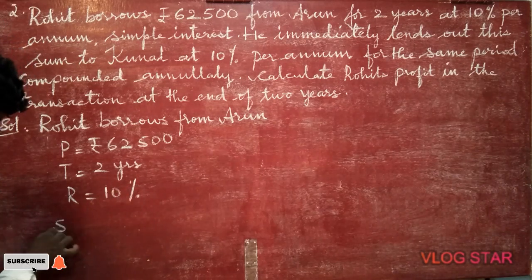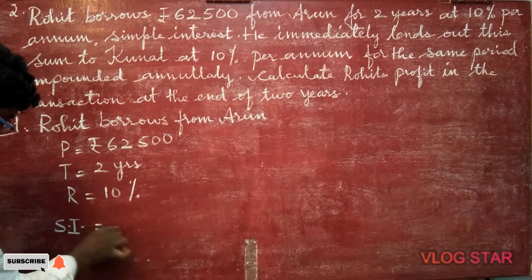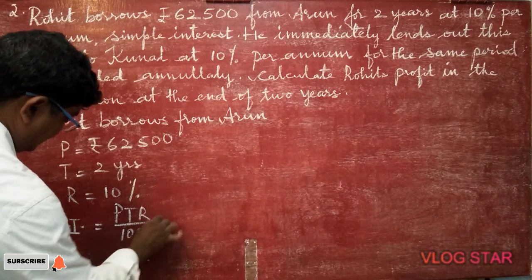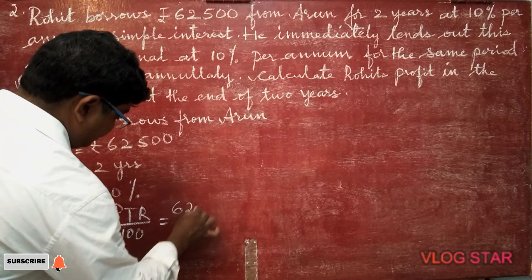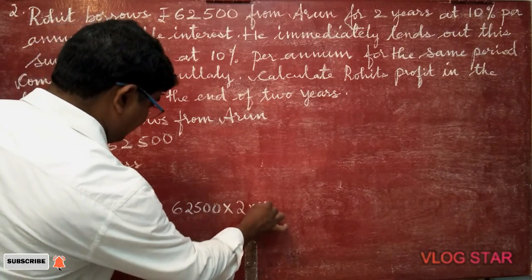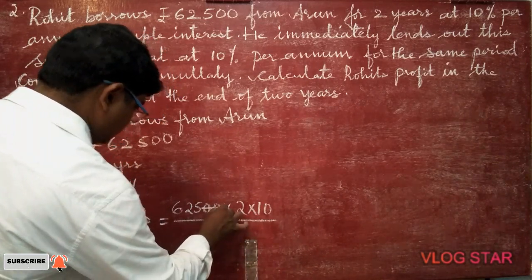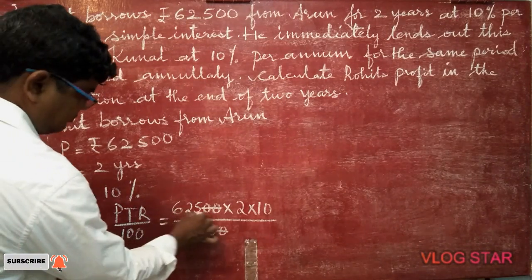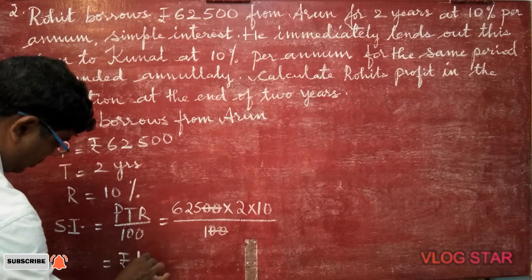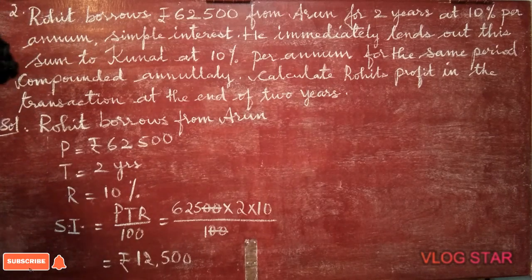Now SI formula: simple interest is PTR by 100, that is 62,500 into 2 into 10 by 100. 2 zeros cancel, 625 into 20 is 12,500. So the interest is 12,500. Are you able to follow?